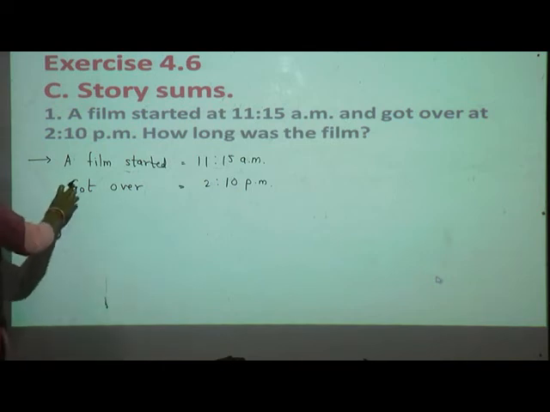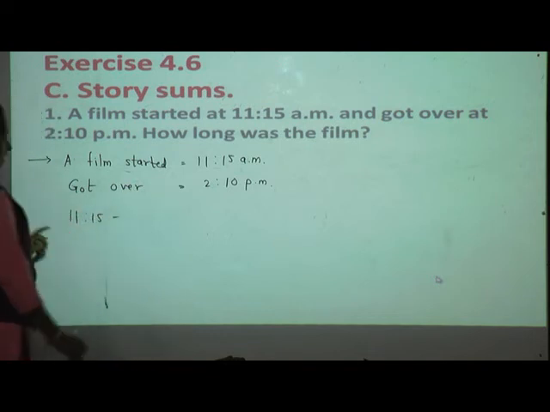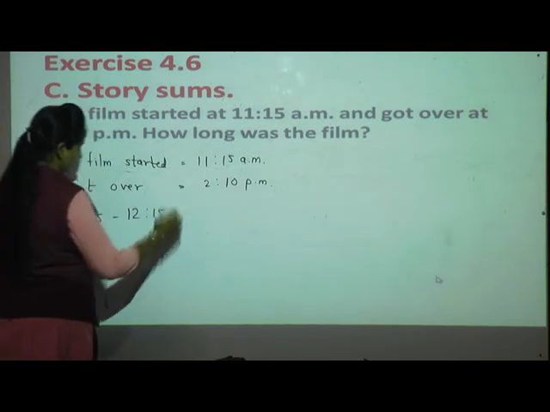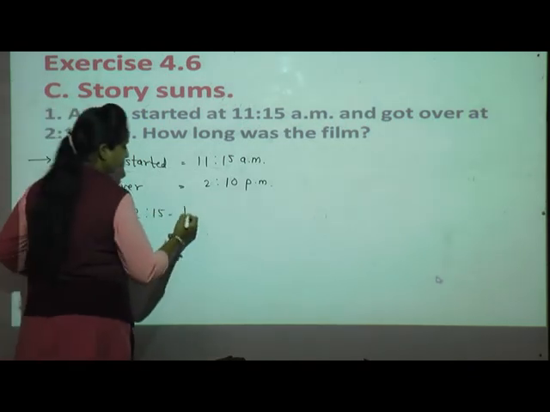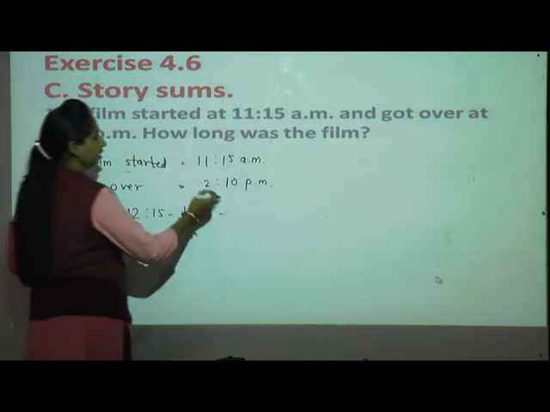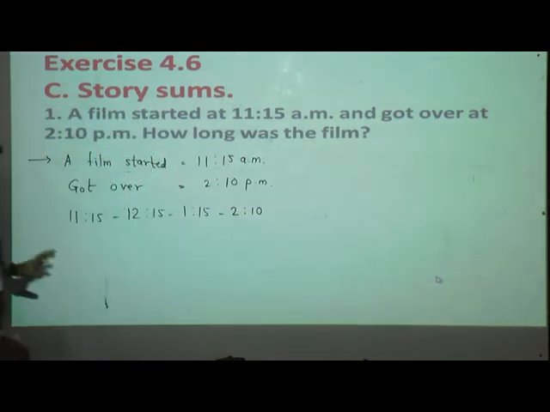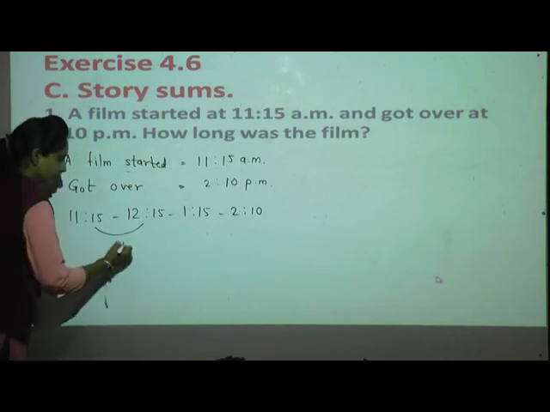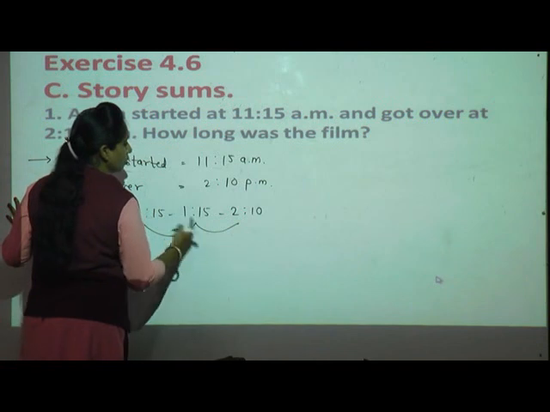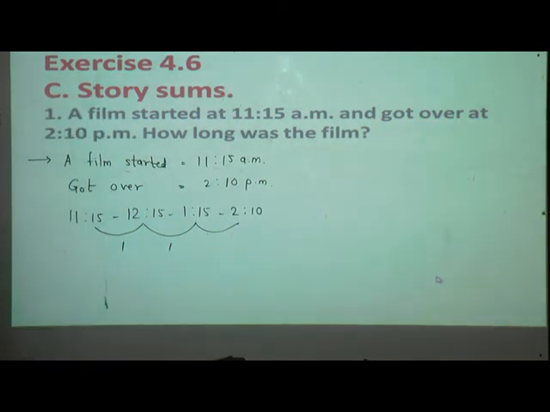Okay, so start writing from 11:15 a.m., then 12:15, the next 1:15, the next 2:15 should come, but here it ends at 2:10 only. Okay, so here we can calculate: here 1 hour, here 1 hour, and here 1:15 to 2 o'clock. How much is it?